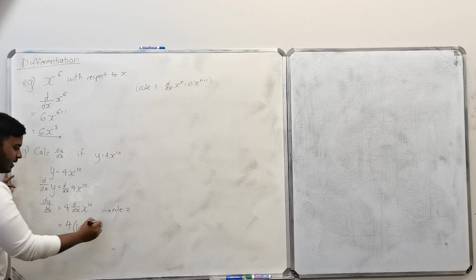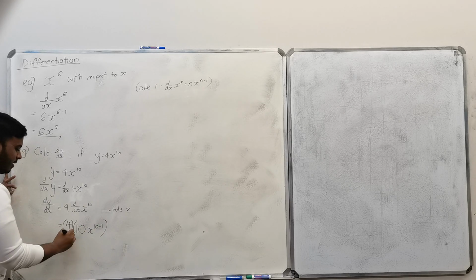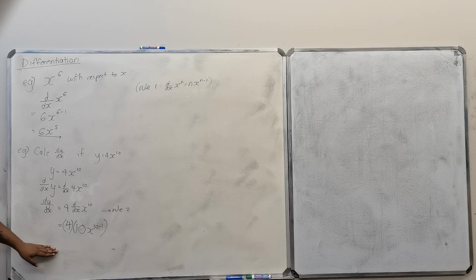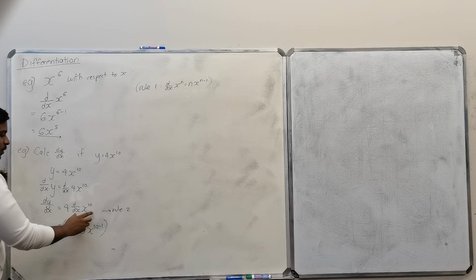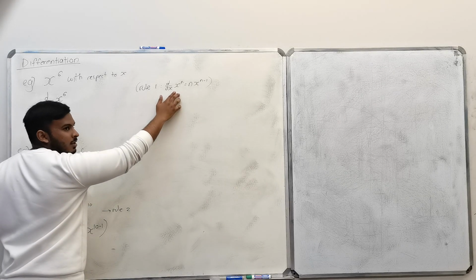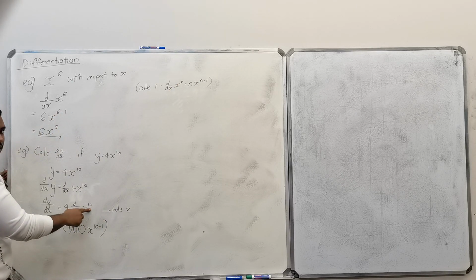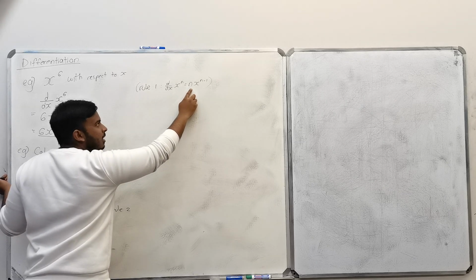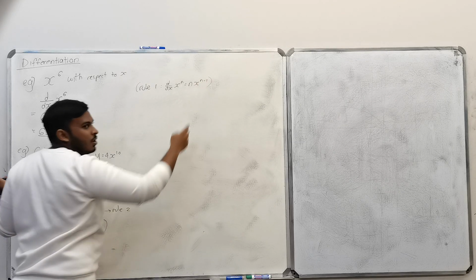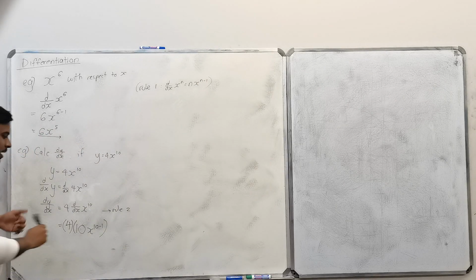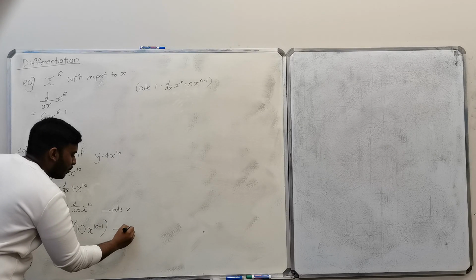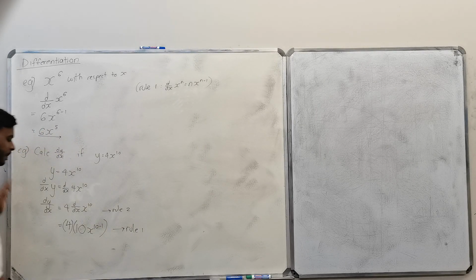Can you understand what I did here? Remember, look at this form and look at this. It's the same thing, and your end value is 10. So you'll end up with 10x to the power 10 minus 1. So here we used rule 1, and now it's a straightforward equation because you just solve for it.